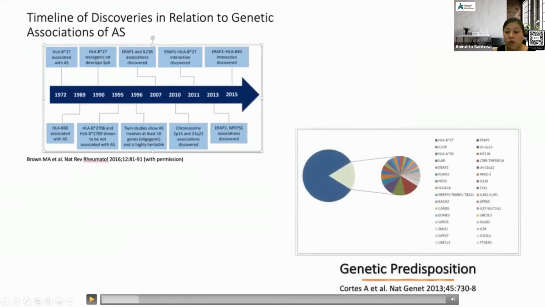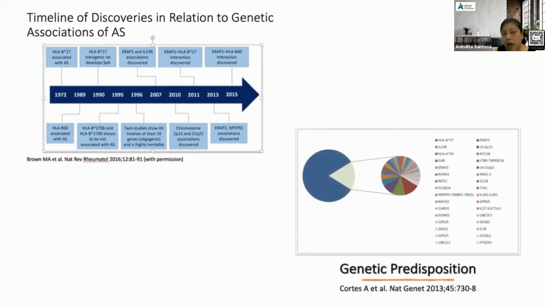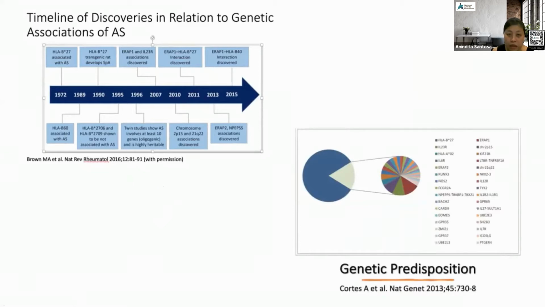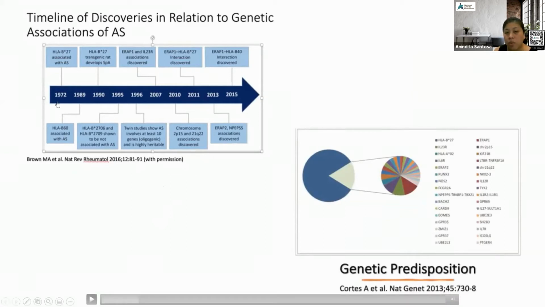So in terms of the understanding of how AS comes about, I think we need to start with not just the symptoms, but also with the fact that AS is a condition that has genetic predisposition, meaning if you have certain genes, you are more likely to develop AS. Over a period of 5 decades or more now, we have discovered many genes that are associated with AS.